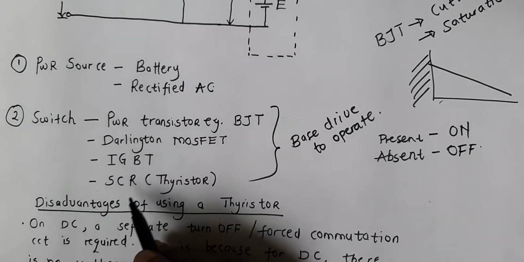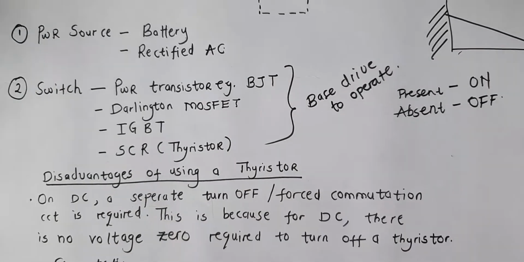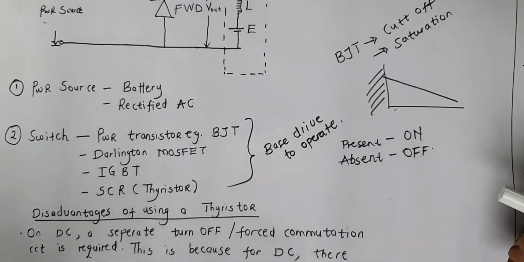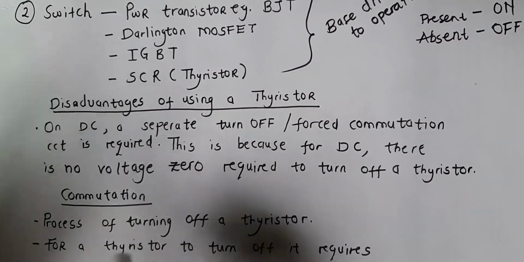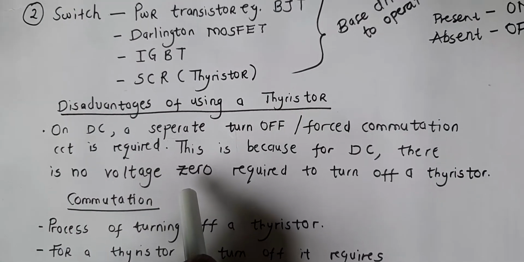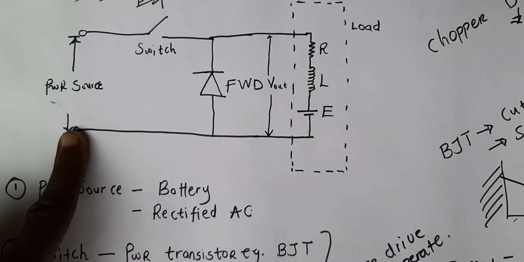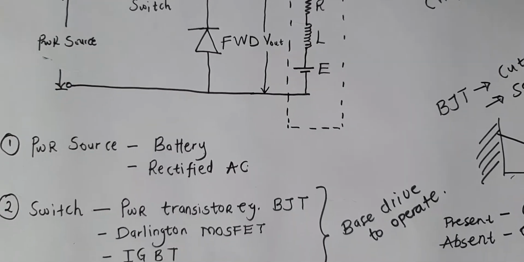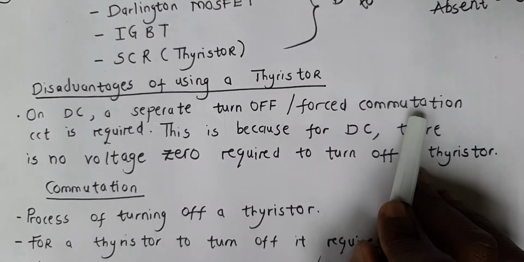So out of all these switches, the silicon controlled rectifier, the thyristor, has a disadvantage when it's used for a DC to DC converter or a chopper. Why? Because you're operating with DC here, we are going to need a separate turn-off or forced commutation circuit to turn off the thyristor.